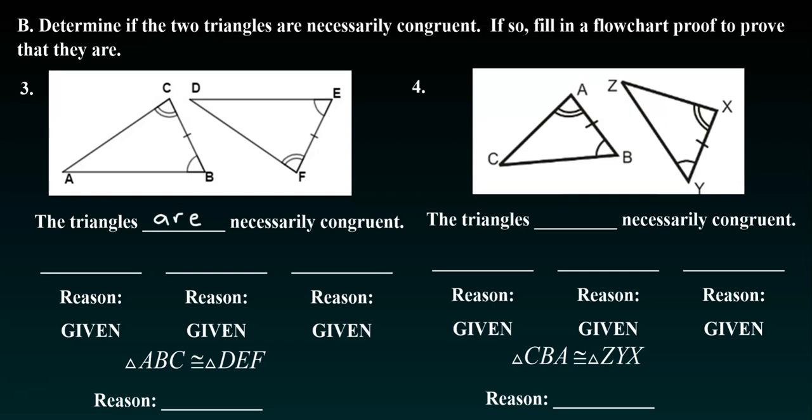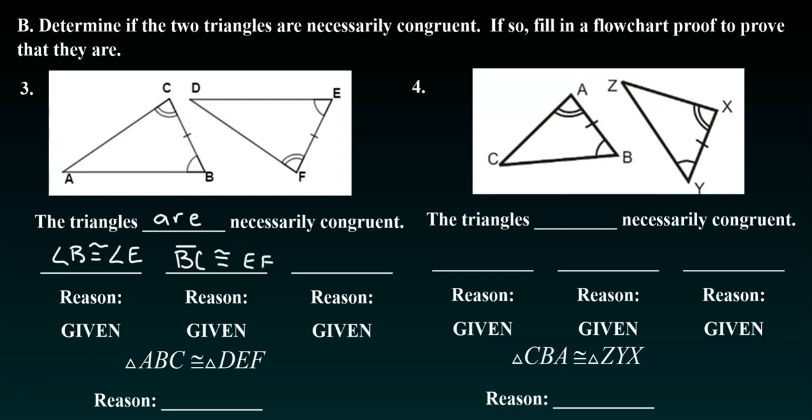For my first reasoning, I would say angle B is congruent to angle E. I would say that BC is congruent to EF.